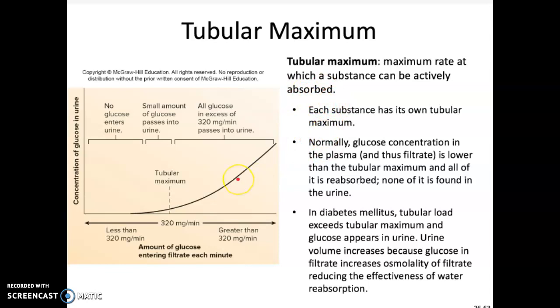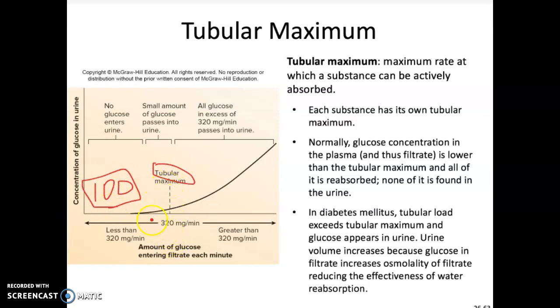This is important, for example, in patients with diabetes. When we have a patient with normal glucose, maybe 100 milligrams per milliliter, then our load is really below the tubular maximum. That's the reason we have no glucose in our urine.